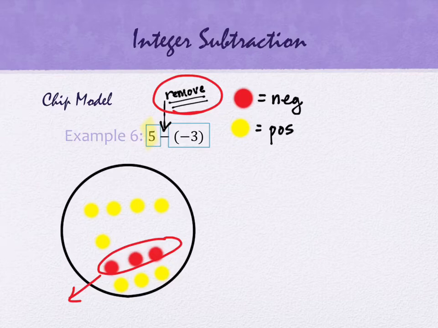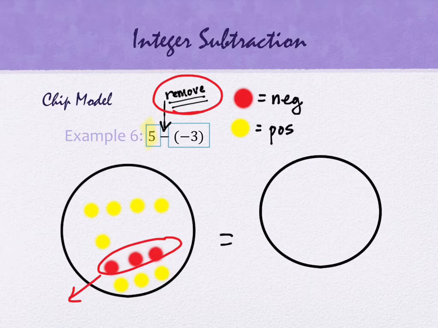And what I'm left with then is a circle that has how many and of what kind of chips? 8 positives. That's kind of cool. Okay, there's 8 positives.